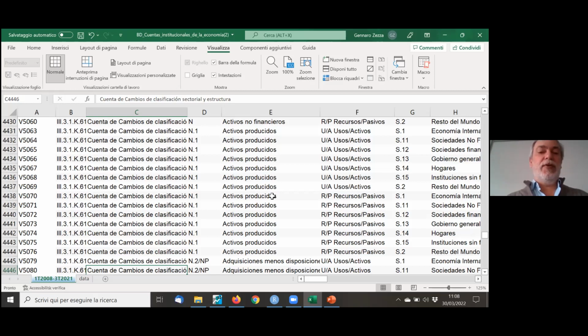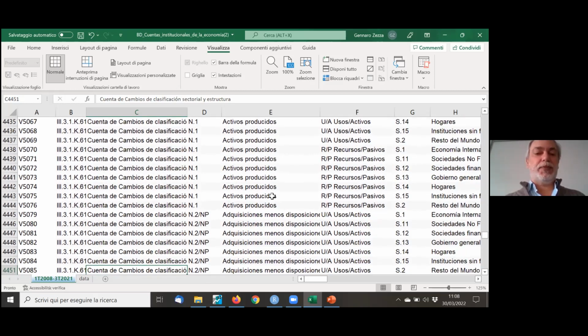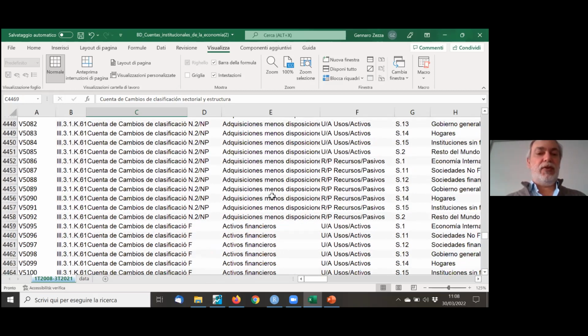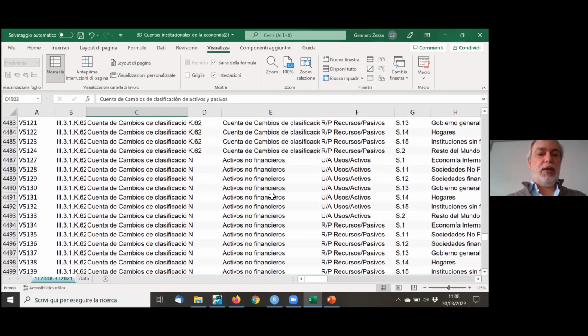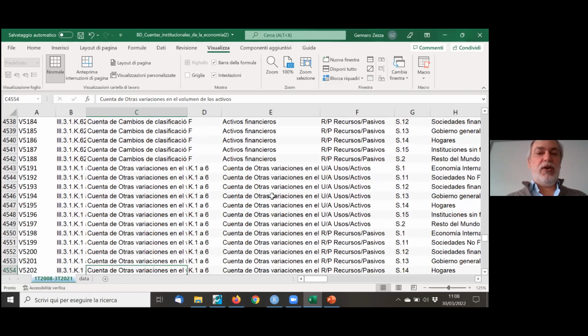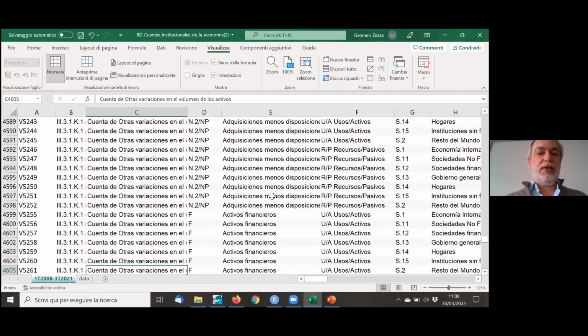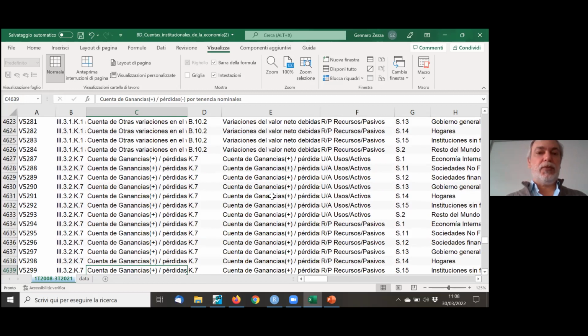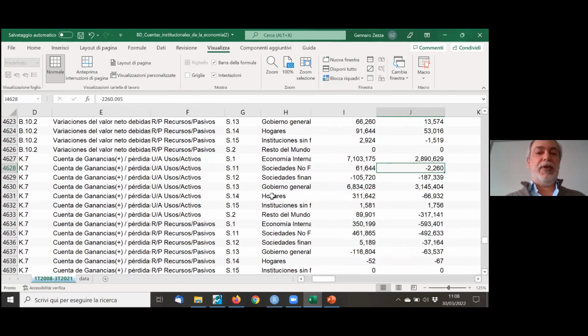So they reclassify these in a different way. Other changes in volume of assets. And I think that what we are looking for is this cuenta de ganancias, should be the capital gain.